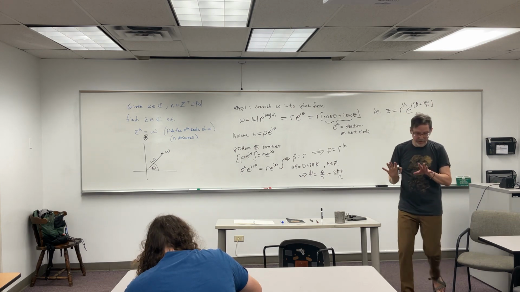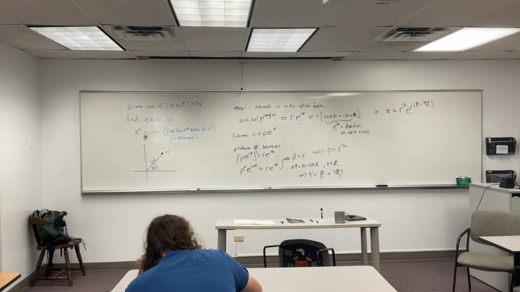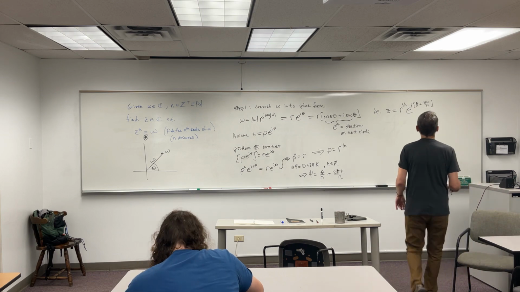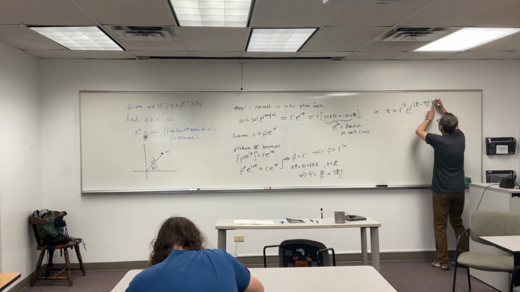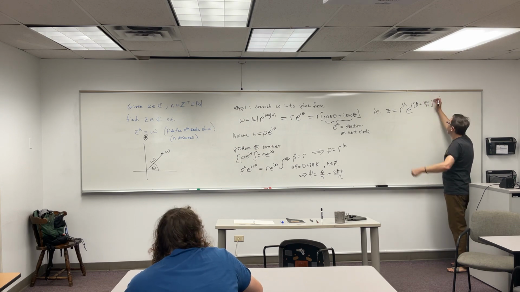And let me let you get caught up notationally, maybe mentally. And remembering that this k is an integer and it's going to go 0, 1, 2, 3, 4, 5.